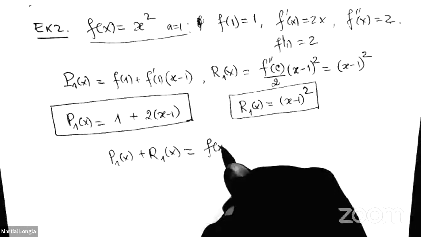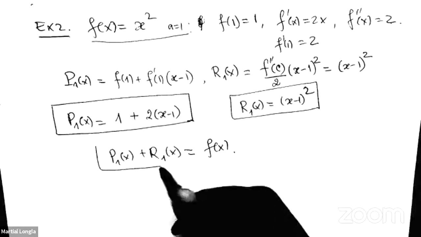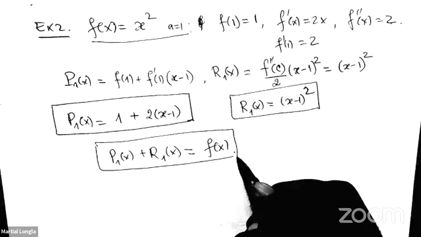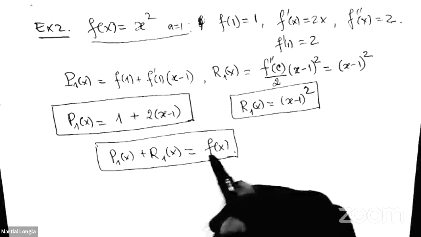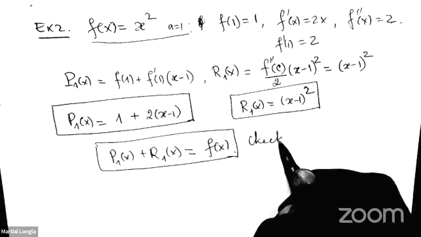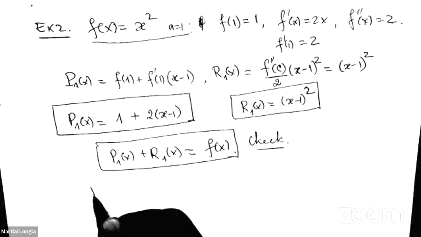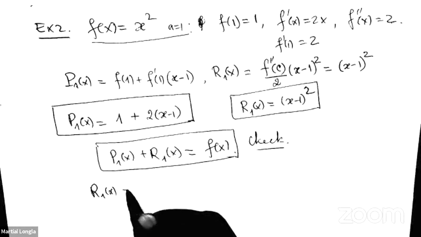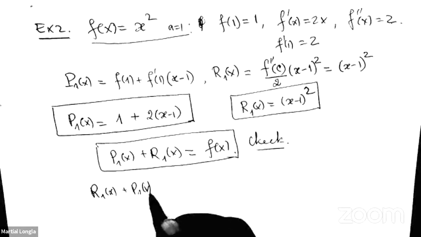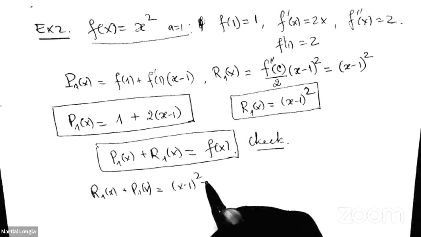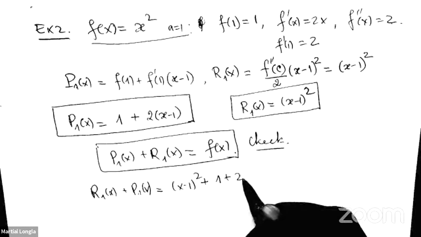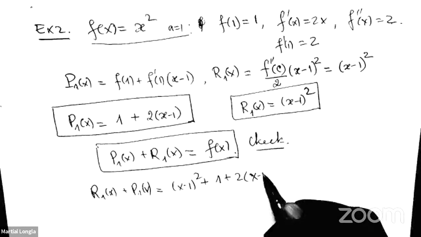So on this example, you can check that you will have that perfect equality, right? So you have here R1 of x plus P1 of x is equal to x minus 1 squared plus 1 plus 2 times x minus 1.